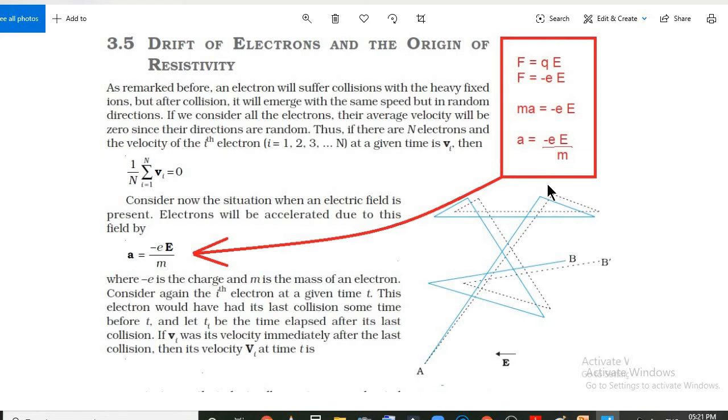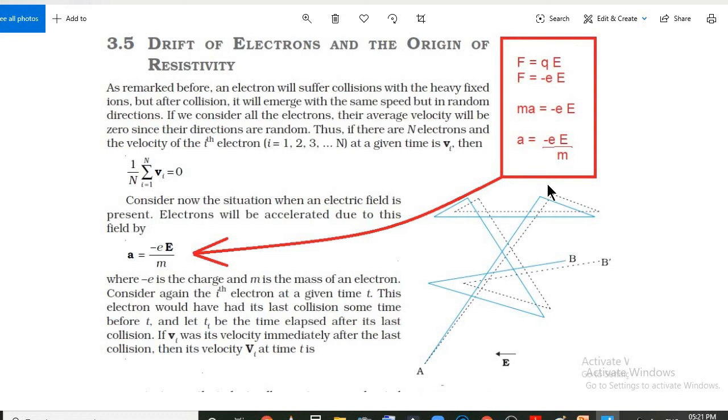But another electron may not get that much luck, that much fortune. That electron may undergo a sudden collision. Can it increase its velocity much? No. That means with each collision, and then another collision, the time interval between successive collisions is known as tau.